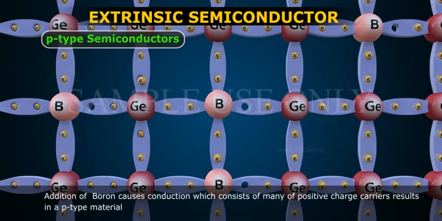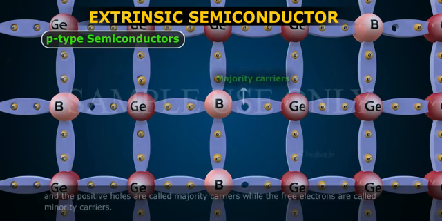Addition of boron causes conduction, which consists of many positive charge carriers, and results in a p-type material, and the positive holes are called majority carriers, while the free electrons are called minority carriers.